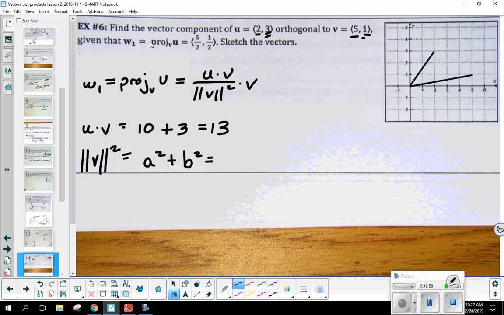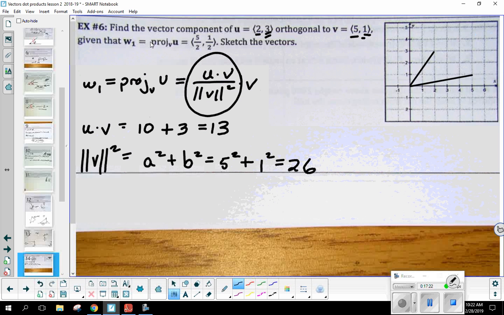Okay, but let's go with this. So I need a squared, so that would be 5 squared, plus b squared, well that's 1 squared, and that's going to give me 26. Everybody okay? Okay. So finding those two parts right there, that is the majority of your vector projection formula.